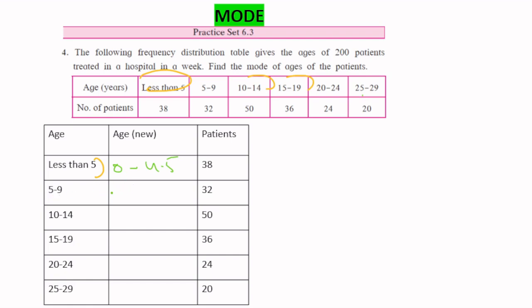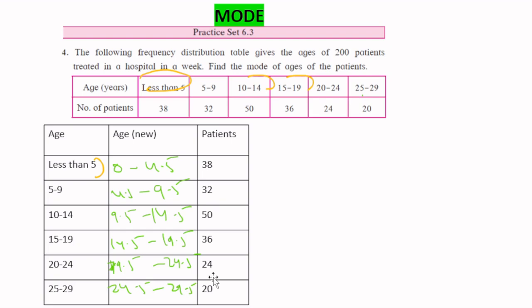So 5 minus 0.5, so 4.5, then 9.5. Now everything will be smooth. So 9.5, 14.5, 14.5, 19.5, and 19.5 to 24.5, 24.5, so 29.5.